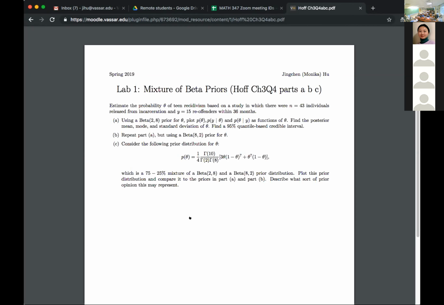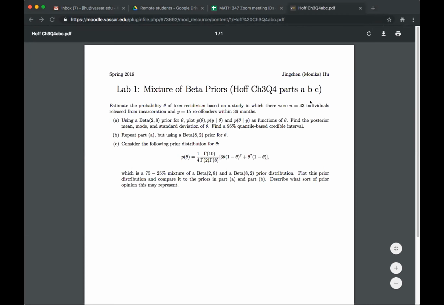So in class, what we've been talking about is using a single beta prior when we're making inference, right? And we saw different ways that we plot different beta priors, and then we said that different beta priors give you different ways to express your prior belief, and then you can have certain flexibility when you're doing that.